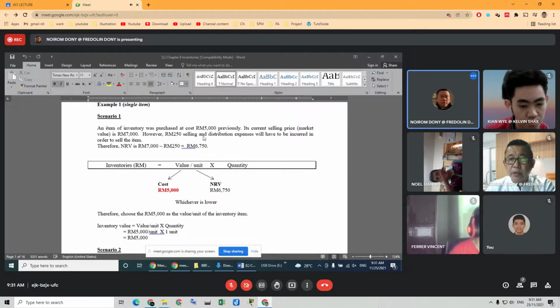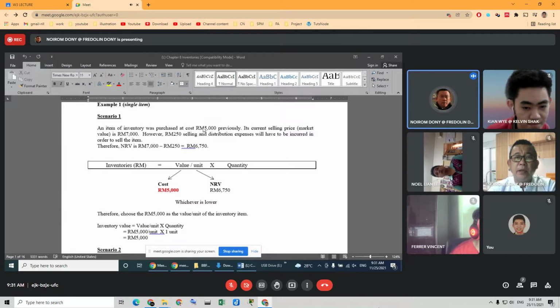Let's say this is probably a machine they are selling, because of the 7,000 price and the cost of 5,000. They buy and sell the machine, and they bought it at 5,000, and if they sell it now, they can sell it at 7,000.